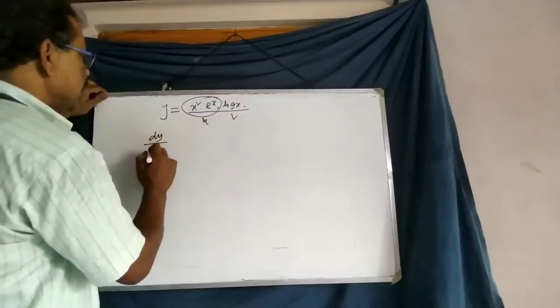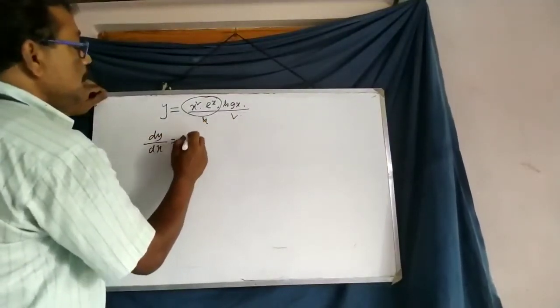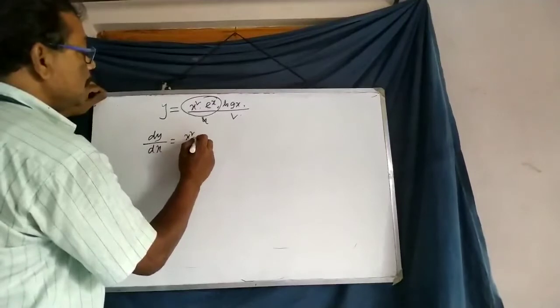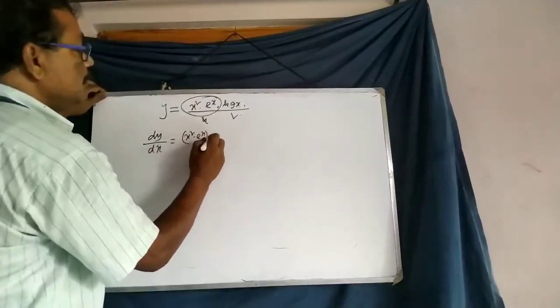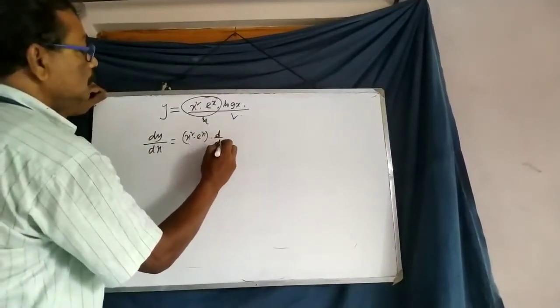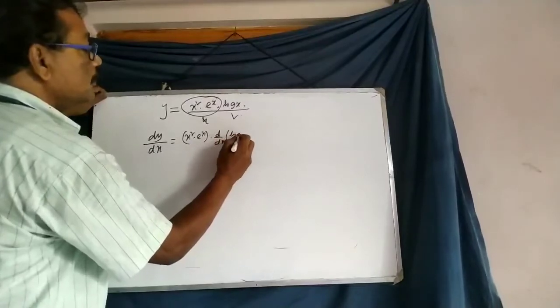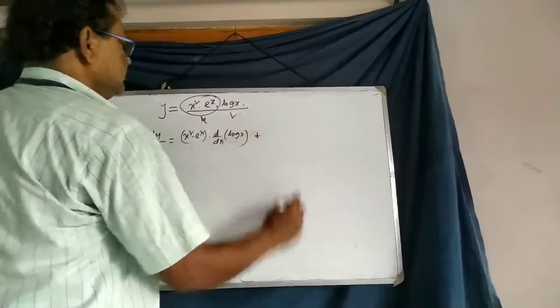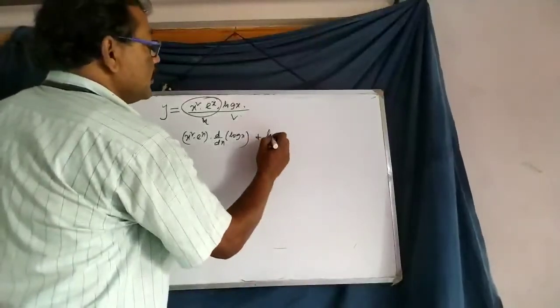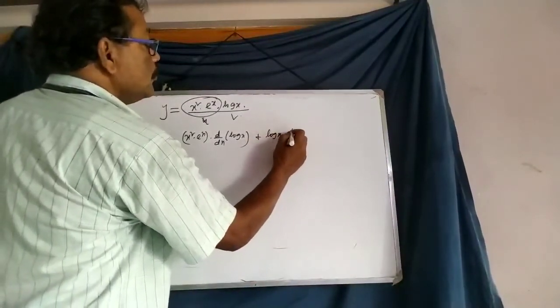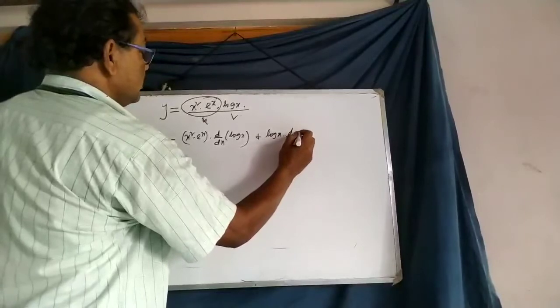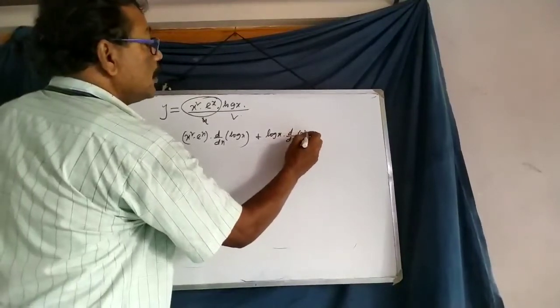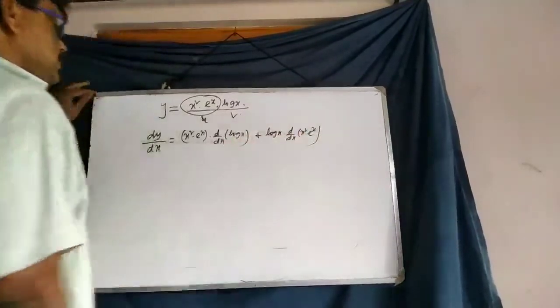Then dy/dx is equal to u unchanged, means x square into e to the power x unchanged, d/dx of log x, plus log x unchanged into d/dx of x square into e to the power x. This is the result.